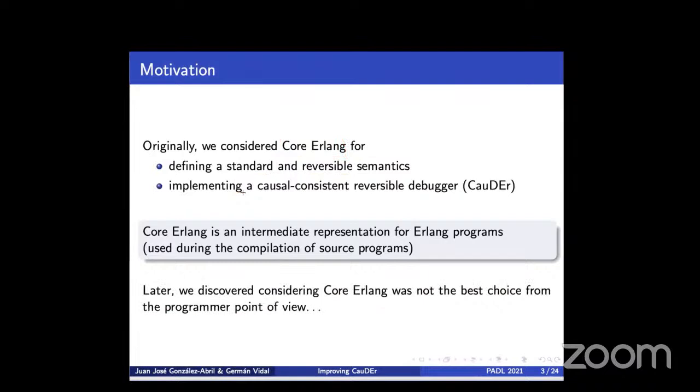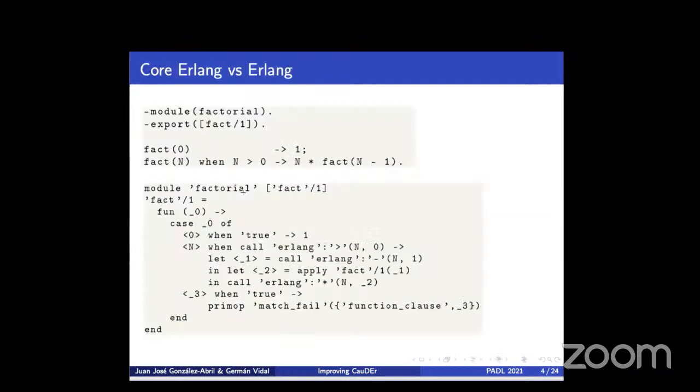Unfortunately, later we discovered that that was not such a great idea from the point of view of the programmer. And the reason is quite obvious. This is a source Erlang program, and this is the corresponding translation to Core Erlang. As you can see, there are some similarities, but also many differences.